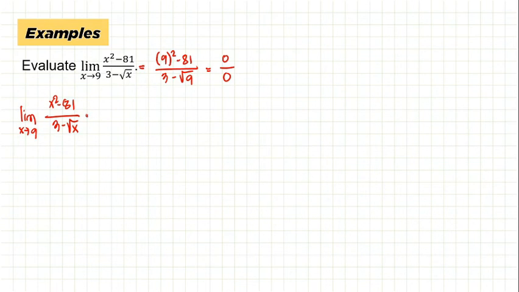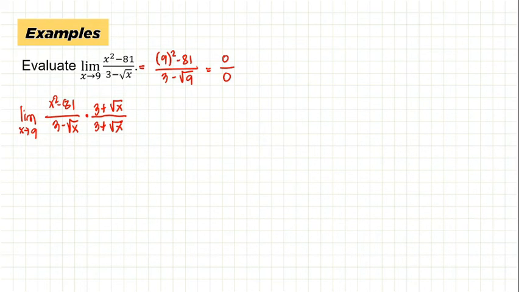So here we will multiply the rational conjugate. So we will have 3 plus square root of x. You just change the sign or the operation. Okay? And whatever you multiplied sa denominator, multiply it to the numerator also. Okay? So we are rationalizing the denominator.